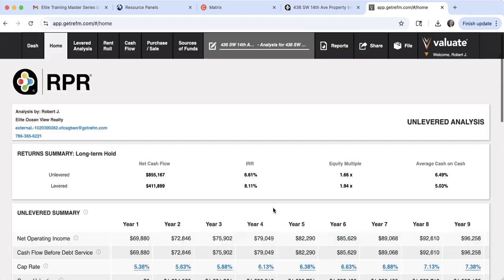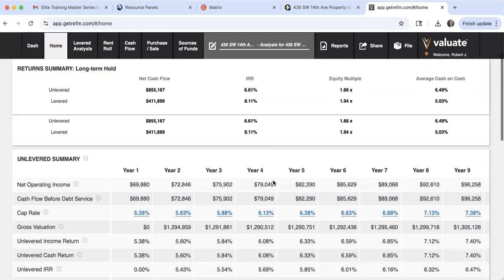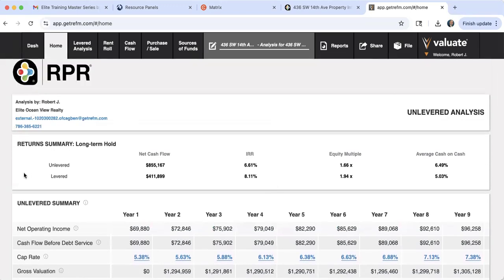Using these numbers, you are looking at a healthy return. Unlevered analysis equals cash purchase. Levered analysis equals financed. So when financing, you're making a greater internal rate of return on your property.